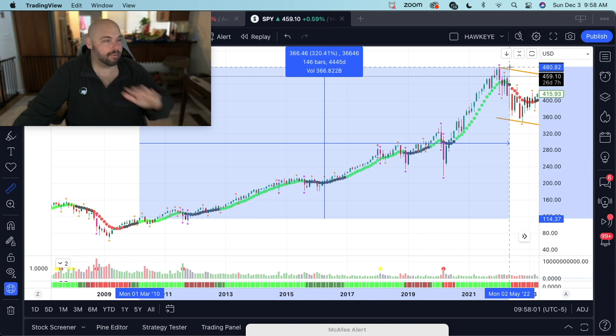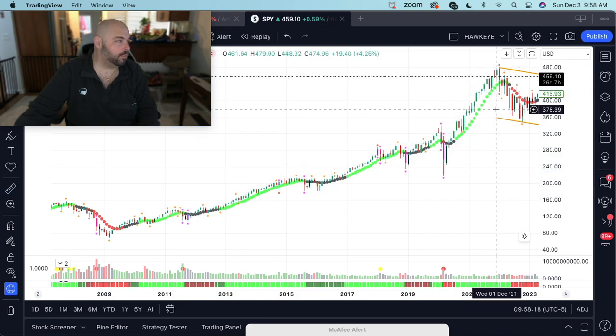This is not a leveraged position. This is just the standard ETF. Not manipulated, nothing. This is the benchmark of the broader markets. 320%.